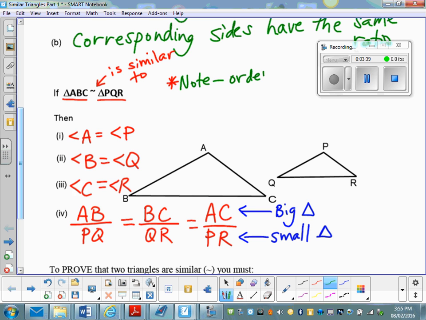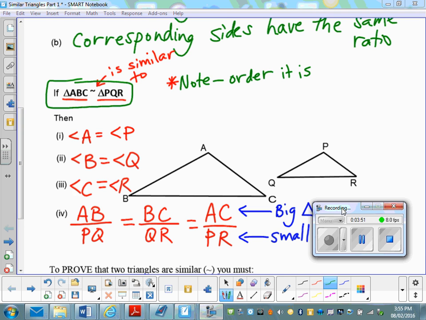Now I also want to make note up here, when we have a statement like triangle ABC is similar to triangle PQR, the order it is written in matters. And here's what I mean.